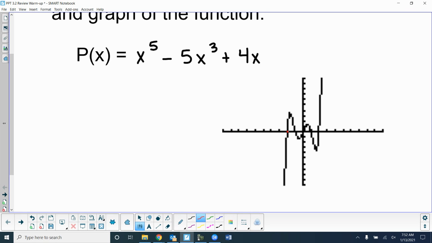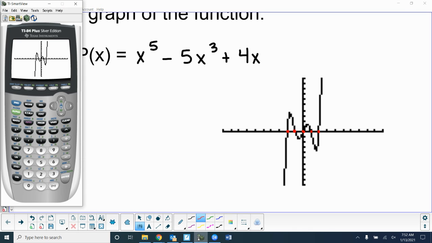So that looks like a -2 and a -1. It might be a 0. Maybe it's a 1 and a 2. It might work out nice. I don't know. But the way to check is go to your table, which is second graph. Oh, look at that. So let me go back there. I'll pull this out for you too.